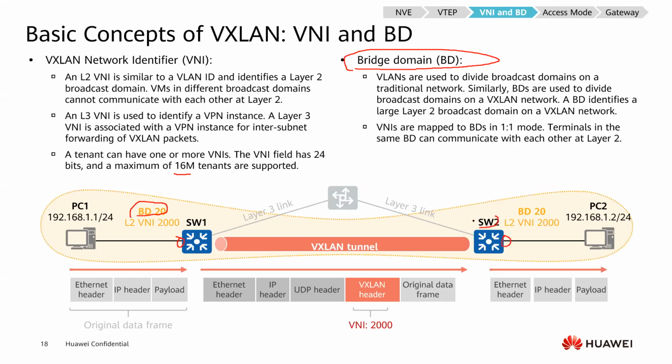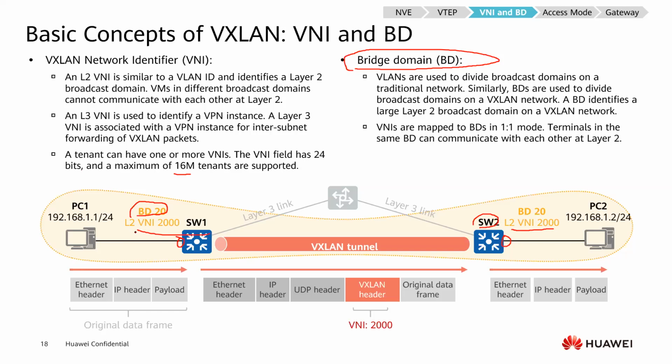And switch 2 also has an interface that belongs to the broadcast domain we call bridge domain 20. But that doesn't matter. All the real things that matter are the VNIs. You will know that the VNI is the definition of the layer 2 network. So how do we know if PC1 and PC2 can communicate with each other if they belong to the same subnet?